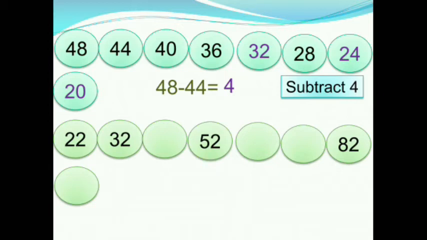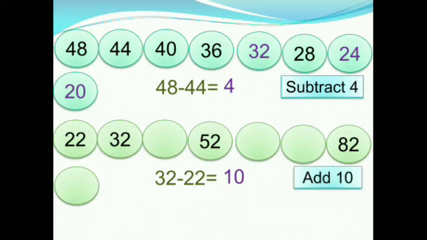To find out the next number, we should subtract 22 from 32. What is 32 minus 22? Yes, 32 minus 22 is equal to 10. To find out the next number, we should add 10 to 32. 32 plus 10, 42. 42 plus 10, 52.